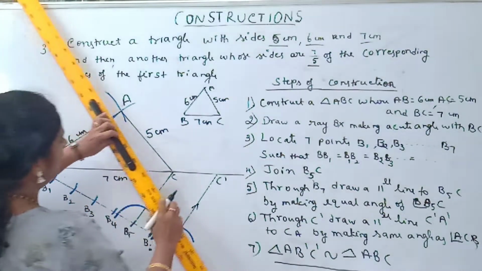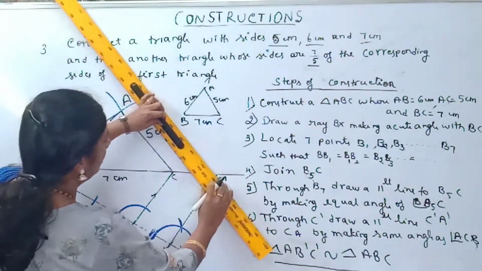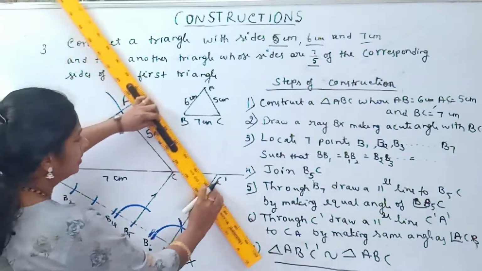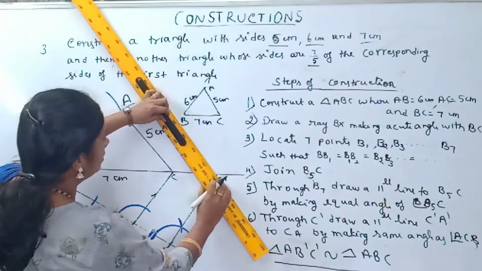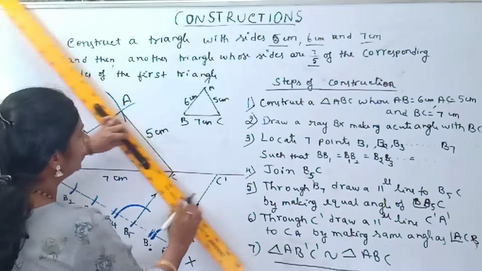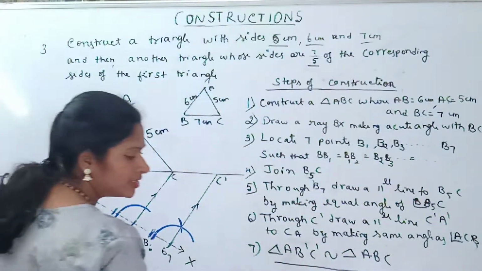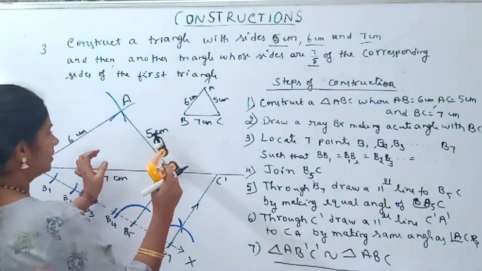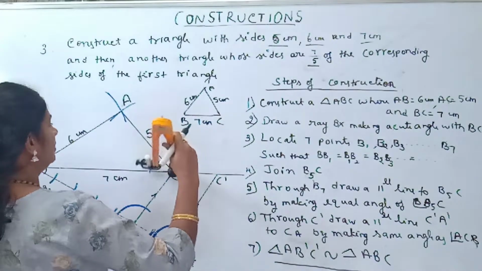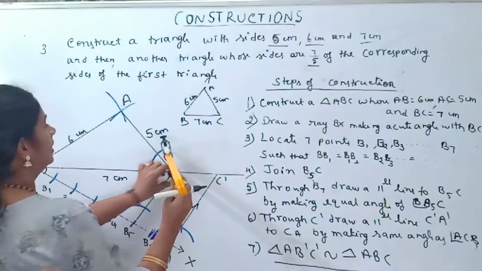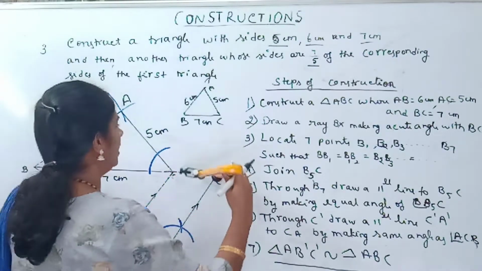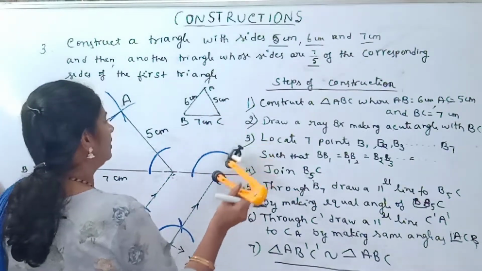Again similarly we have to construct a line at C dash which is parallel to AC. C dash, this line you have to construct, children, which is parallel to AC. How to construct? Similarly same procedure. Once again keep your compass on C, draw one arc like this. Again same measurement, keep your compass on C dash, draw another arc like this.